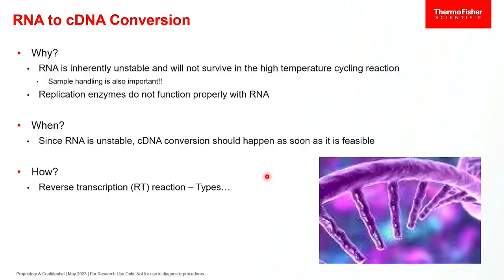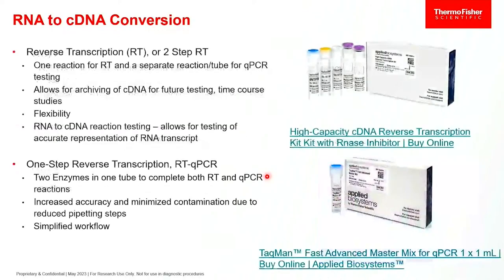And we can do that independently using prepared mixes. So there are basically 2 camps of this. Again, we have lots of options in science, but really we want to start and say, how do we want to do this? You can do it in 2 steps and say, I've got RNA, I'll make cDNA, I'll put it away, and I'll do the rest of my experiments when I'm ready.